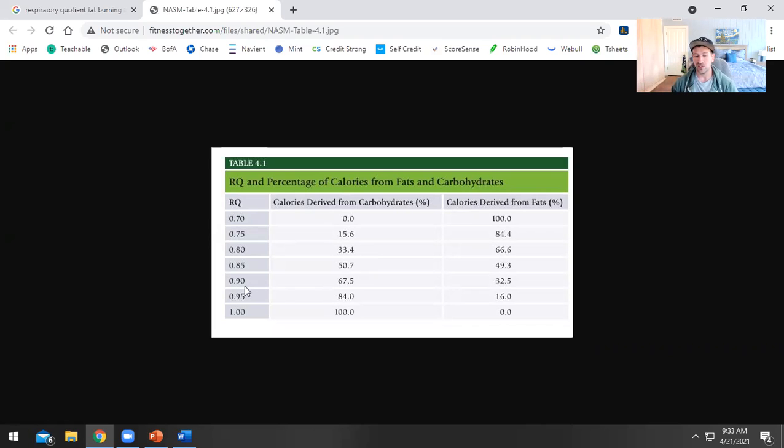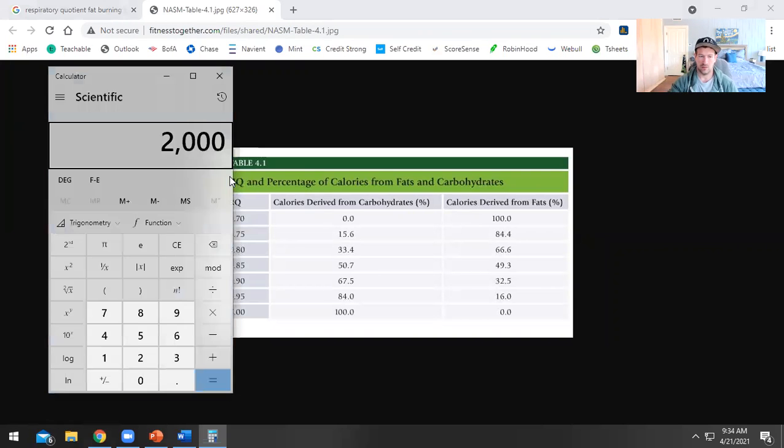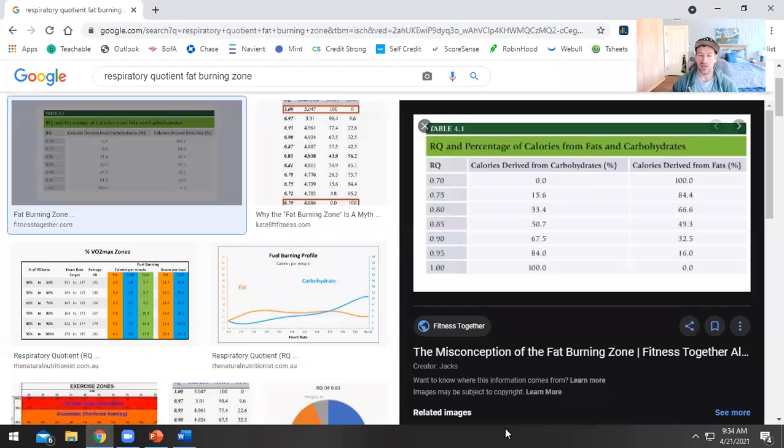So if we take that RQ all the way up to 0.9, which is right around zone 2, about 80% of your max heart rate, they're going to burn 67% carbohydrates and only 32% fat, which means that of 2,000 calories, you're going to burn 1,340 calories worth of carbohydrates, which is about 335 grams. Pretty good, right? Pretty darn good.